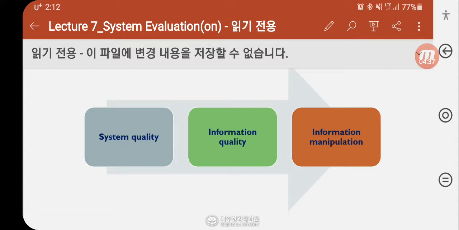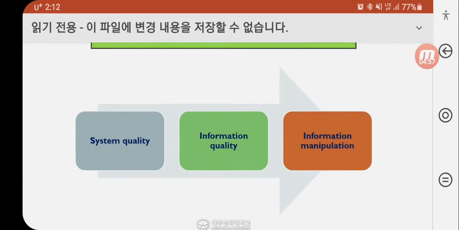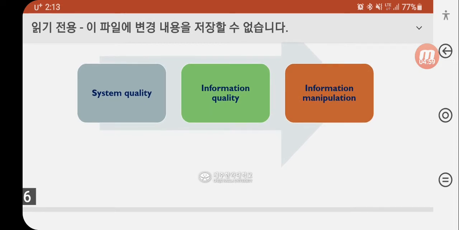System quality is measuring the information system itself, and information quality is the measure of information system output. Information manipulation is user processing of information system output.